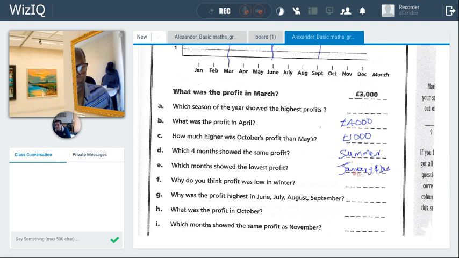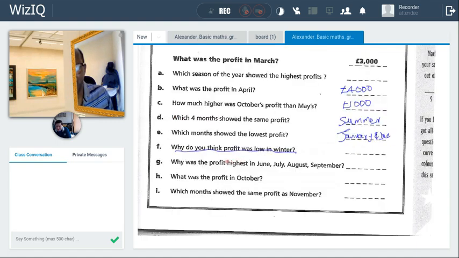Why do you think profit was low in winter? Because in the summer months it's hotter and people feel like an ice cream. The question is asking about winter, and you are saying in the summer months. This is a very common problem.